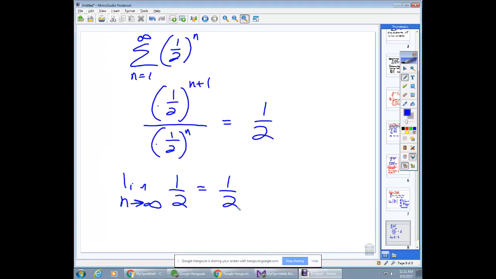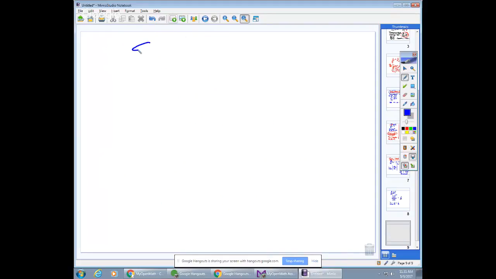So what we're going to do next is apply the ratio test to that series that we just beat to death, the sum from 0 to infinity of -1 to the n over 2 to the n times n factorial. Now I know we already know this converges, but let's just see what the ratio test does with it.